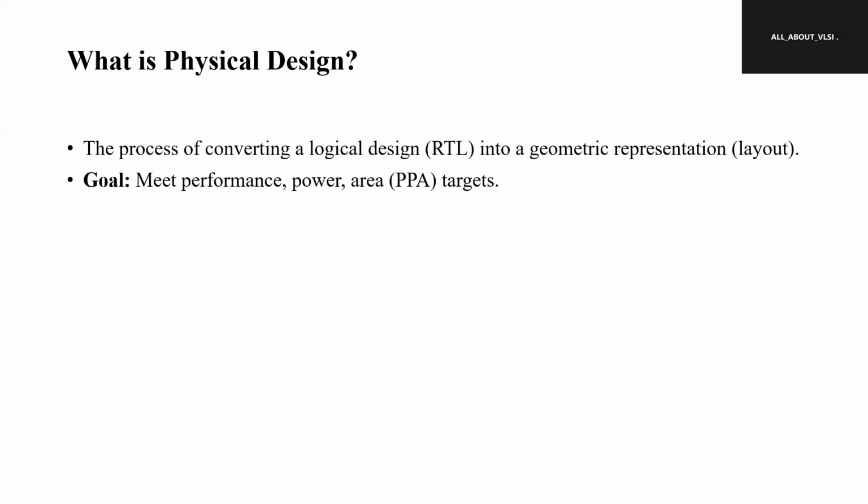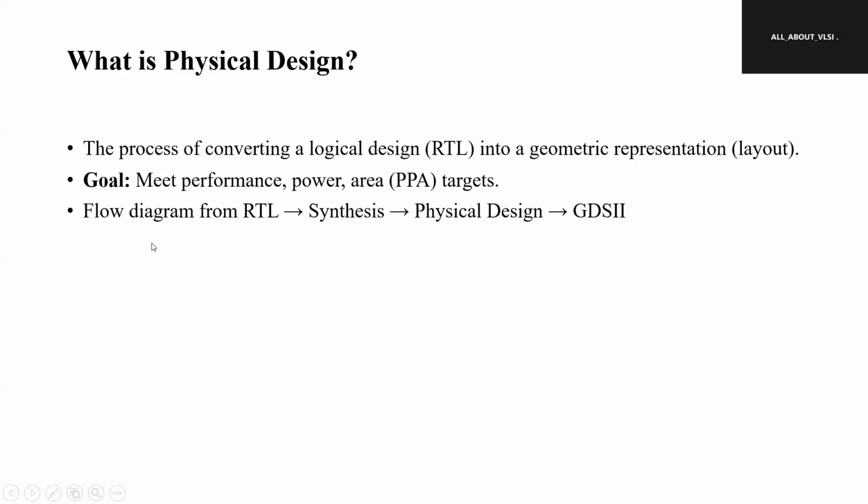These are the main goals in physical design. The first ones are performance, power and area. These are the main targets in physical design. I discussed all these things in previous classes also. If anyone is new to this class, please go and check.